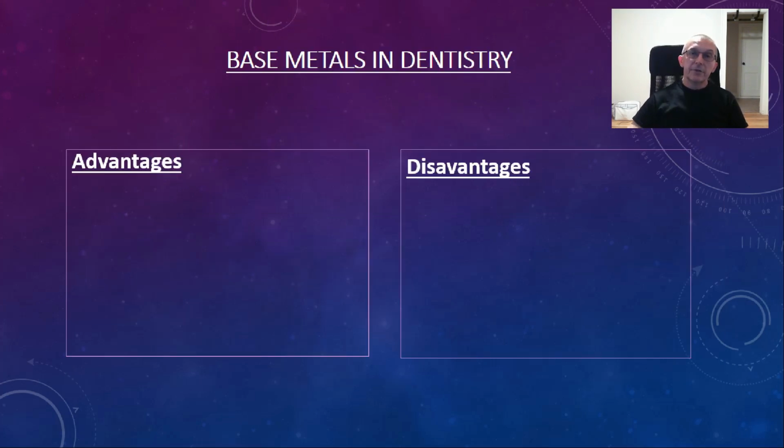These are the advantages and disadvantages of base metals. First, let's go with the advantages. They are stiffer, they are harder, so they are very strong.